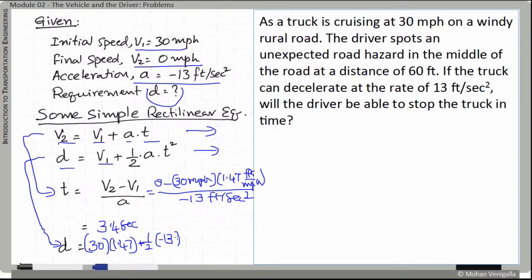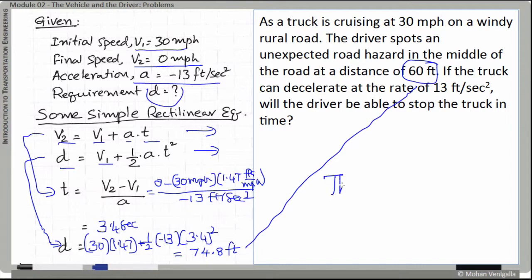Be careful with the sign again. t square is 3.4 square, and the value you're going to get is 74.8 feet. The driver only has 60 feet, but you need nearly 75 feet to stop. So the driver won't be able to stop.